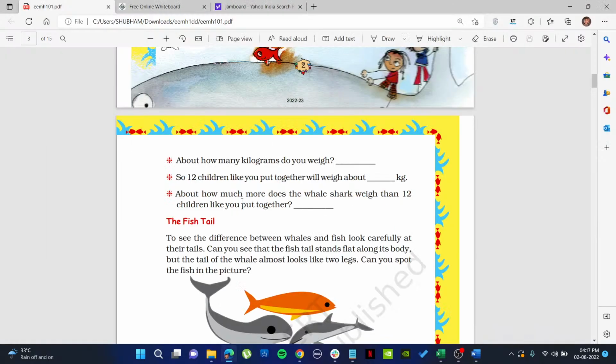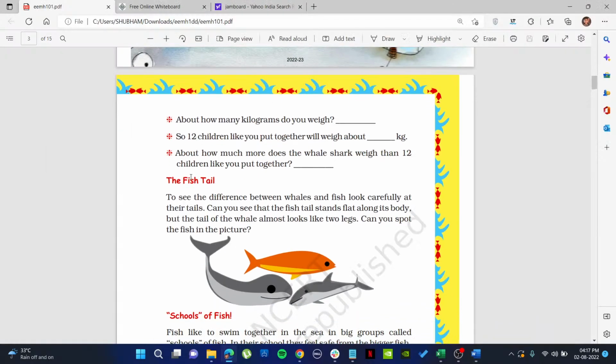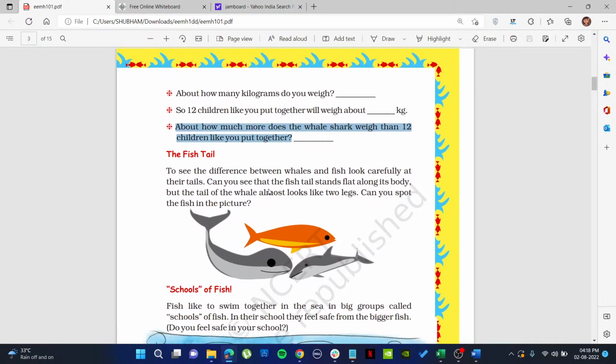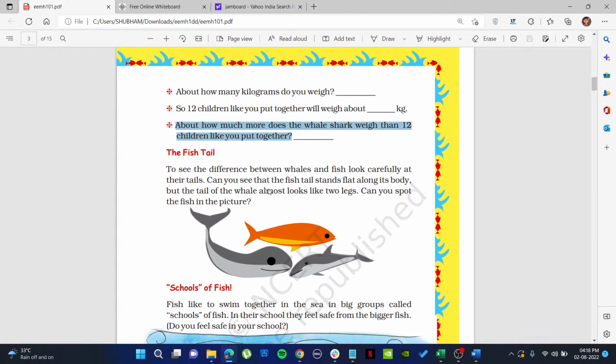Let's explore some other question. Okay, so here comes our another question. Let's see what is given here. About how much more does the whale shark weigh than 12 children like you put together? So, if we think about how much more does the whale shark weigh, which operation will we be using here?